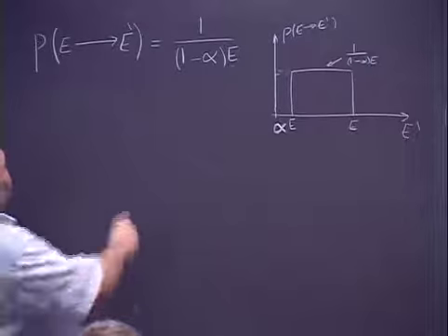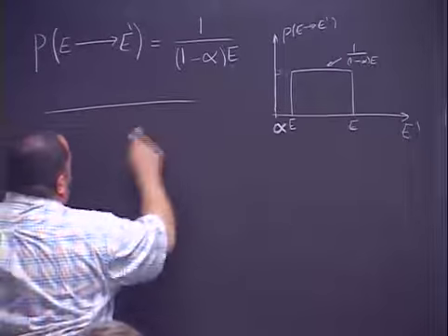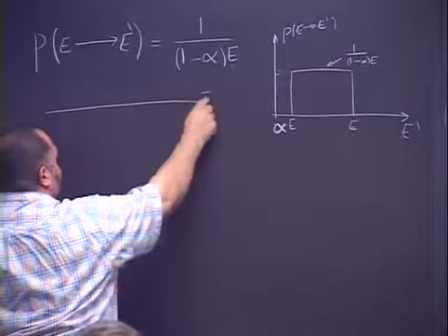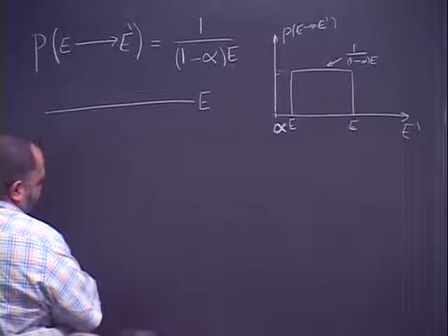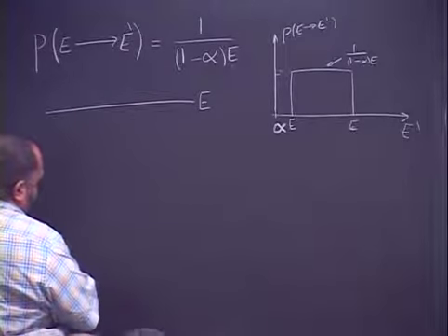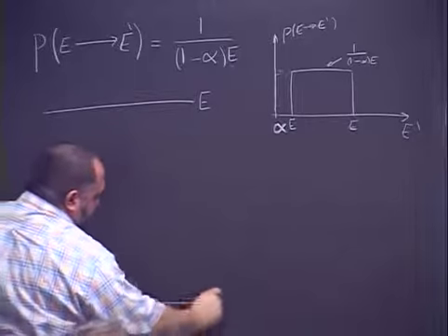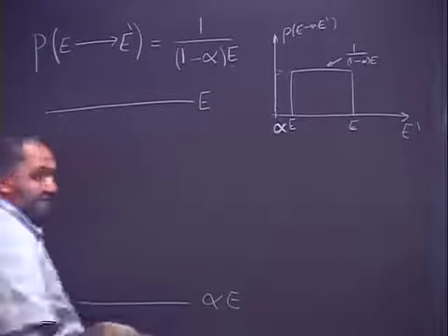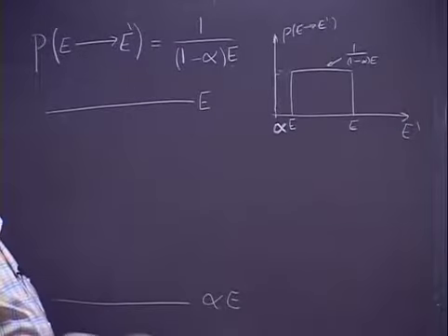But this is not what I asked in the problem. I asked, if you have an energy E, what's the minimum energy that you will be going to? Alpha E. After a single collision, this is the minimum.